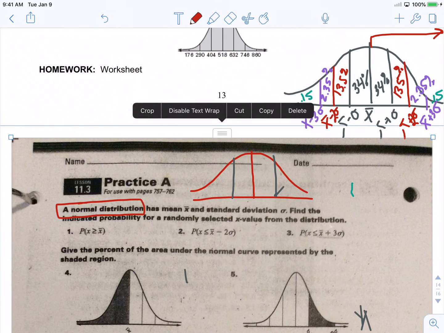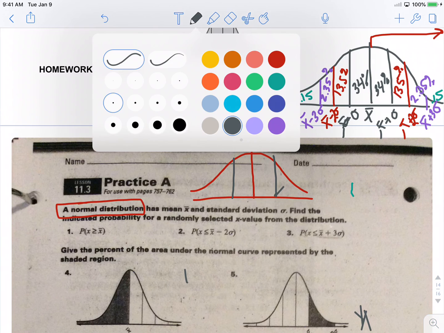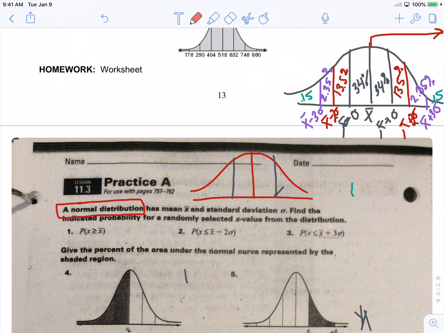And then if I go to the second problem, it says we want a number that is 2 standard deviations below the mean. So if I go to 2 standard deviations in my graph above here, and I find out where that would be, here's my location of 2 standard deviations.